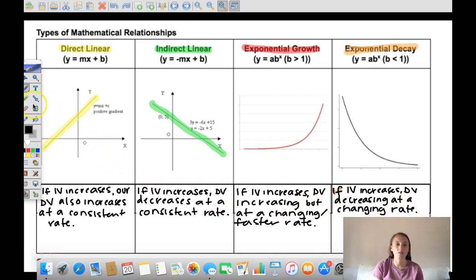And something to also consider is that in an exponential decay, the dependent variable will never be 0. And what that means is that this line right here will never ever touch the x-axis. That is in contrast to the exponential growth, because you may start with nothing, especially if you don't have any of your independent variable, but you quickly increase what you're measuring.